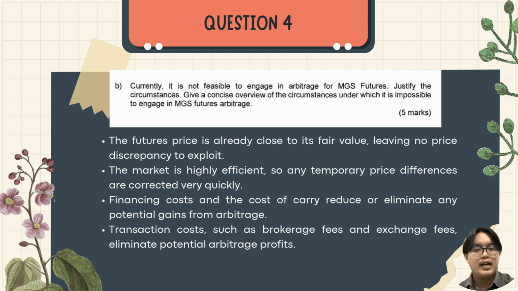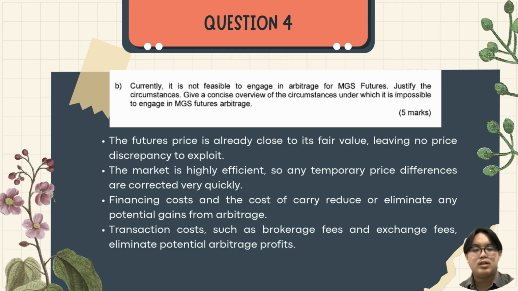Secondly, the market is highly efficient. In an efficient market, any small price difference will be quickly corrected by other traders. So, arbitrage chances disappear very fast. Third, financing cost and carry must be considered. Holding a position in the future market involves interest costs, and this cost can remove any potential profit from arbitrage.